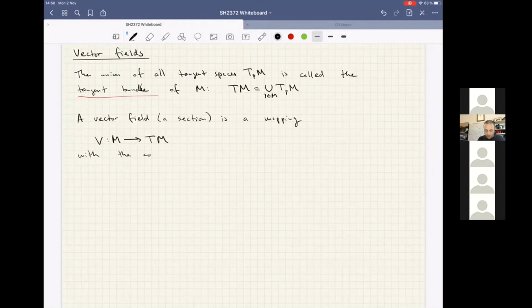The constraint that if I take this vector field and I evaluate it in the point P, then this vector should be a vector in the tangent space at that point. So each point maps to a vector at that point. That is what we call a vector field.